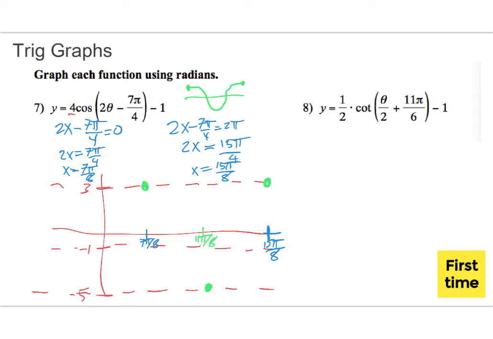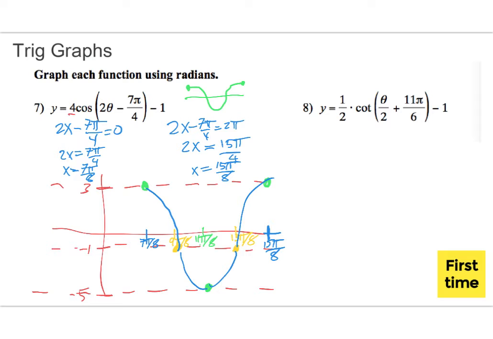Between 7 and 11, we've got 9 pi over 8. That's going to be a midline point. And between 11 and 15, that's going to be 13 pi over 8 on the midline. Nice smooth curves, so we go down, back up, and more back up. And that's it.